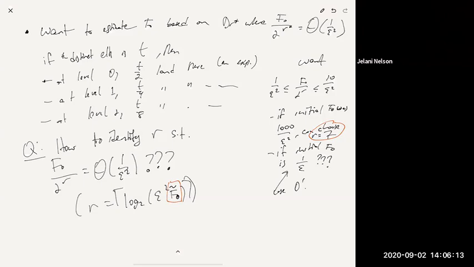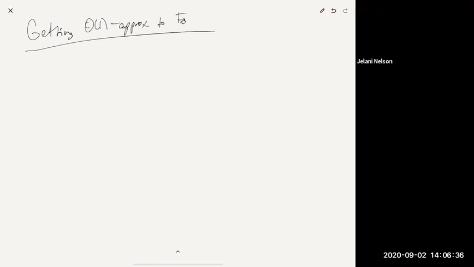You have this d prime, you have these other log n d's, you have this hash function with geometric sampling, and then you just plug into that and you get what you want. So how do you get this f0 tilde? Let's say getting a constant factor approximation to f0. How do you do that?